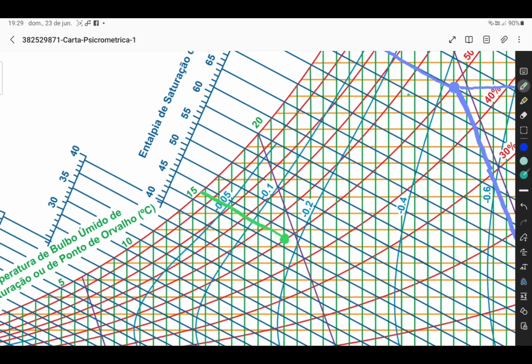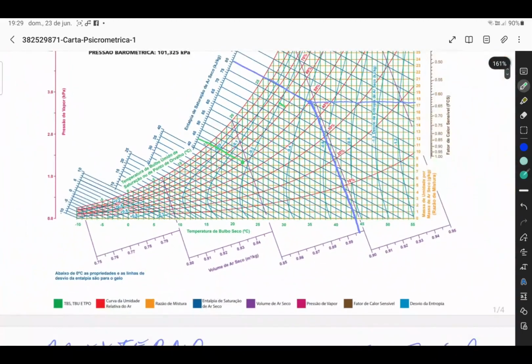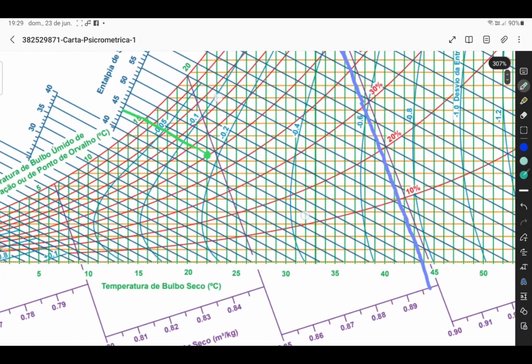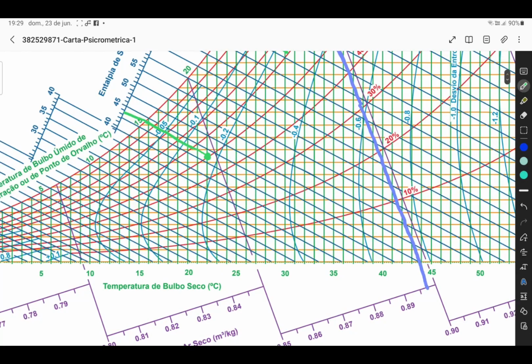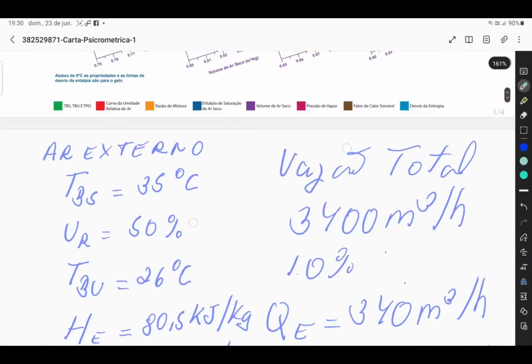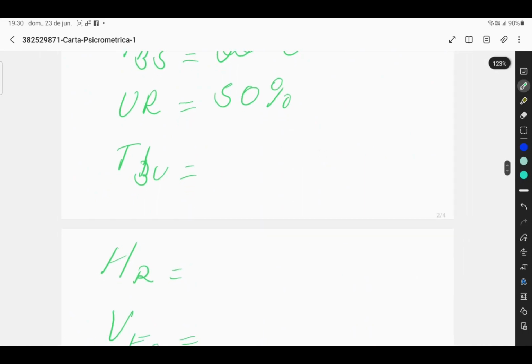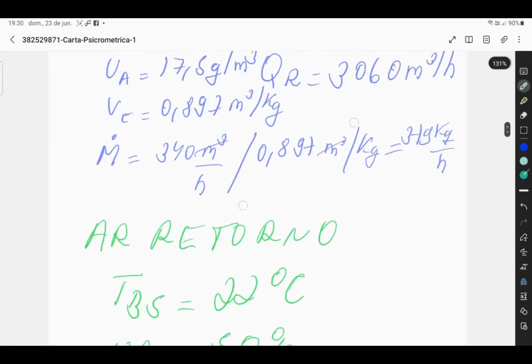So it is 15.5 degrees Celsius and 43.5 kilojoules per kilogram.